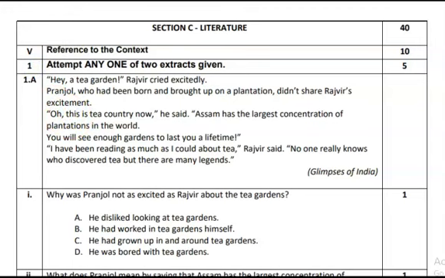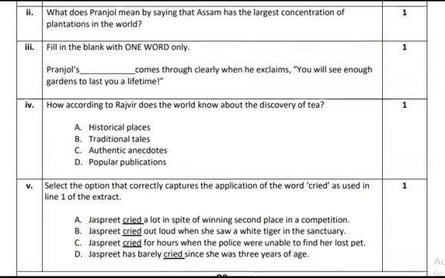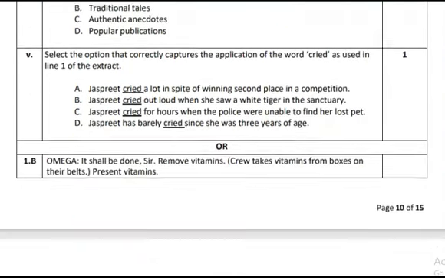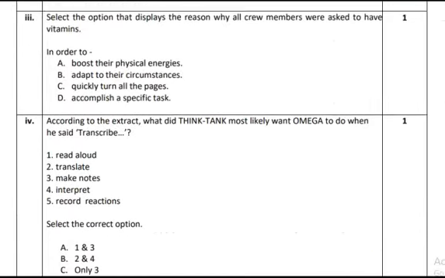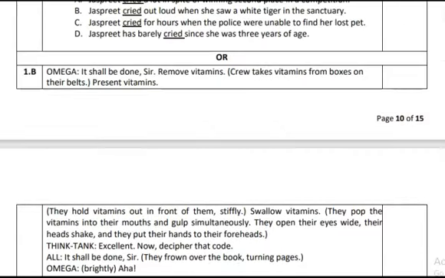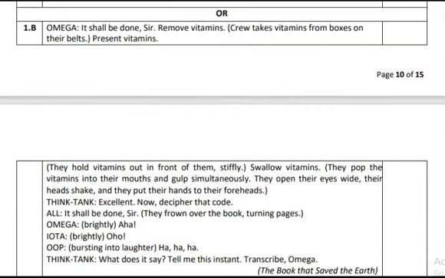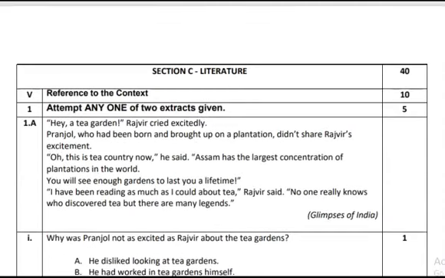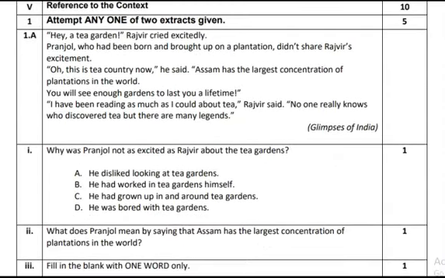So this extract is also given, and look at the second extract. The second extract is also given. So read the two extracts carefully. This extract is given from the book The Book That Saved the Earth, and this extract is from Glimpses of India.